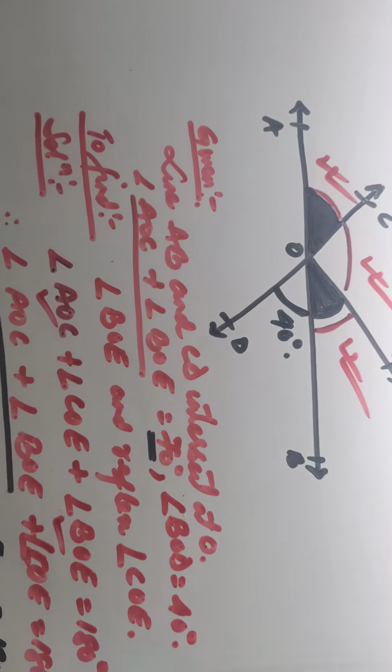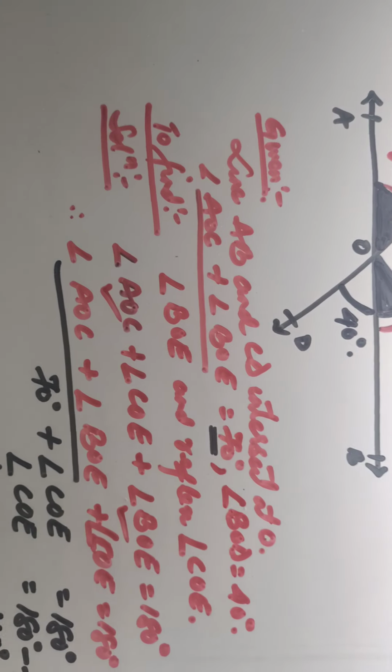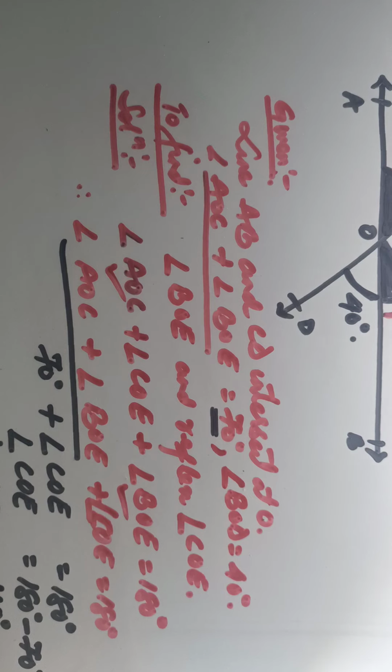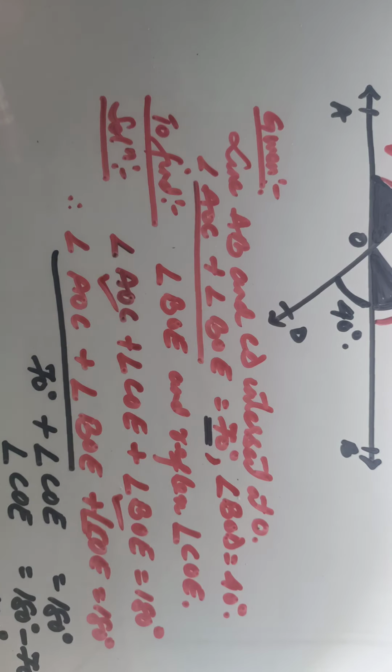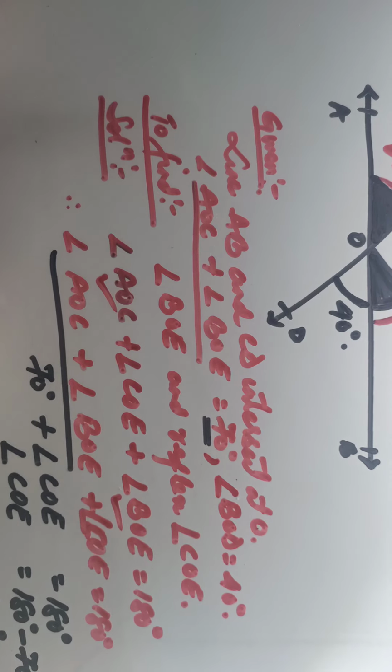Angle COE is 110. But the question is that you have to find the reflex angle COE, not angle COE. Here we need to understand what a reflex angle is. A reflex angle means an angle which is more than 180 but less than 360.